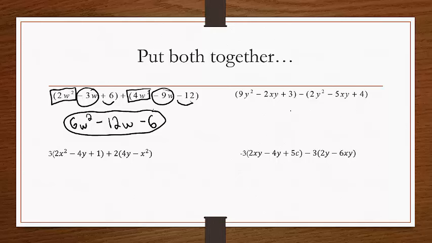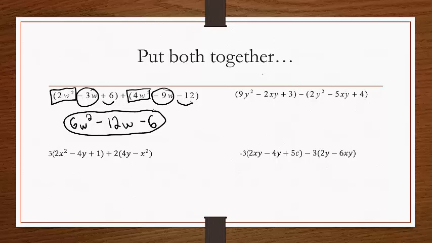Now, in the next one, we have to be really careful. We see the scenario where there's a minus outside of parentheses. And if you remember, we don't use the minus and distribute backwards. We can only go from left to right with the minus symbol.